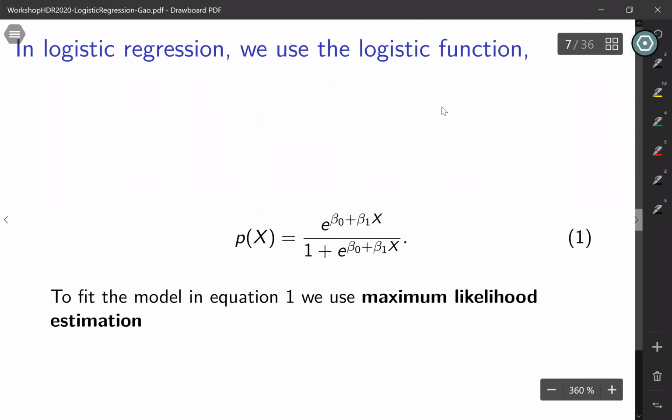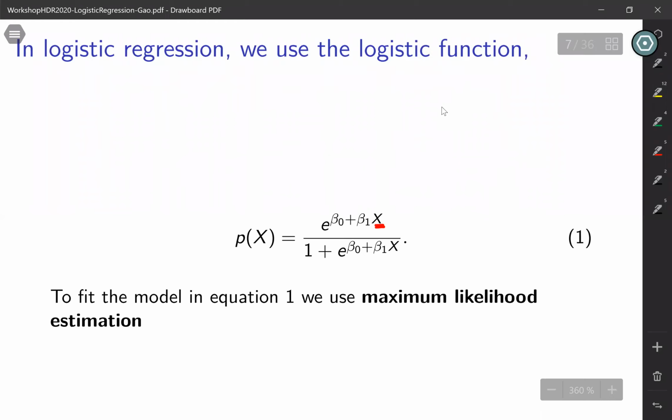The right side is the exponential function e to the beta 0 plus beta 1 x. This x is a vector, so again, it's not necessarily one predictor. Later on, you'll see multivariate logistic regression, where there are a bunch of x here. For simplification, I just write x here.